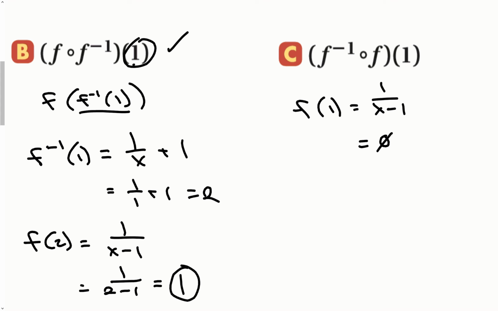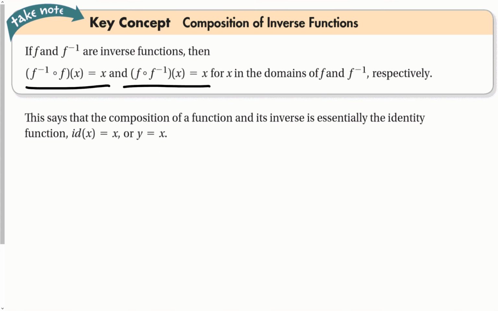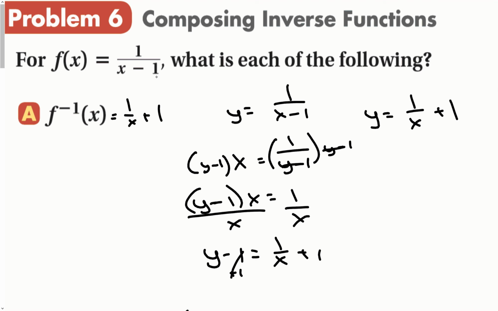So you just have to be careful to make sure that we're including x values that are in the domains of f and f inverse. So in this case, there should have been a restriction here that says we couldn't use 1 if we're composing these two functions together, okay?